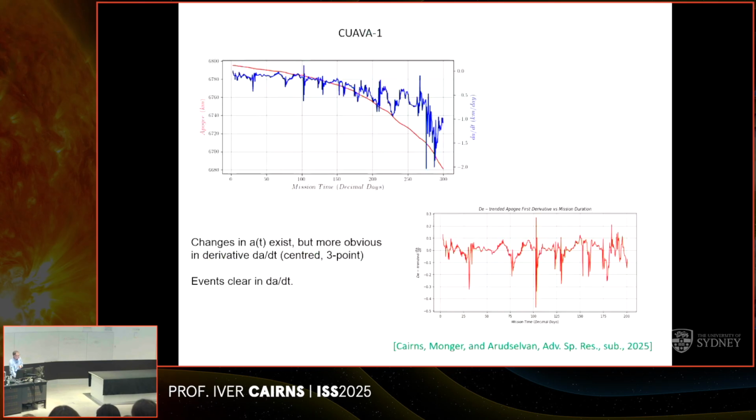So these are data from CUAVA 1. The apogee or the altitude here, the red line is that quantity, and you can see that it varies, normally pretty smoothly, and then there are sudden variations.